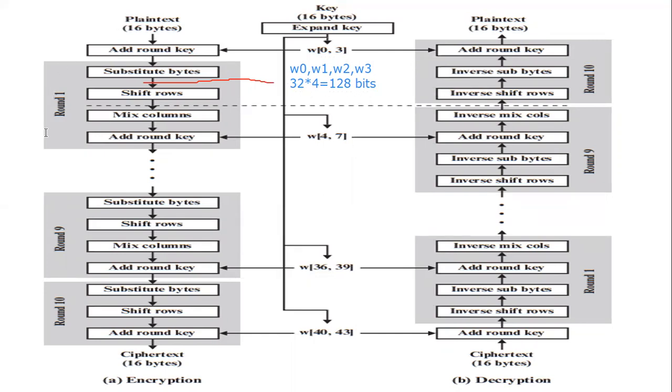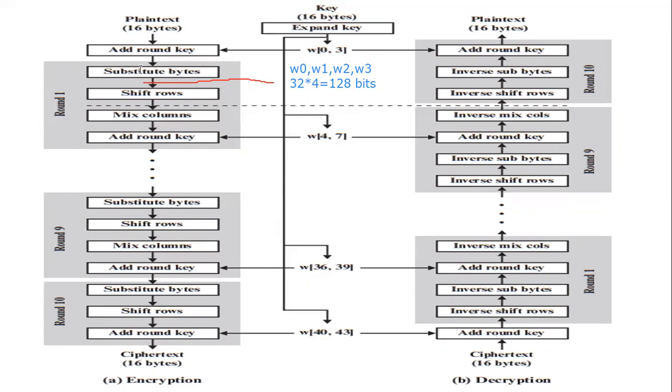Then rounds are performed, round 1 to round 10. This diagram shows the key size of 128 bits. That's why we are considering 10 rounds. If the key size is 192, then there will be 12 rounds. If the key size is 256, then the number of rounds will be 14.